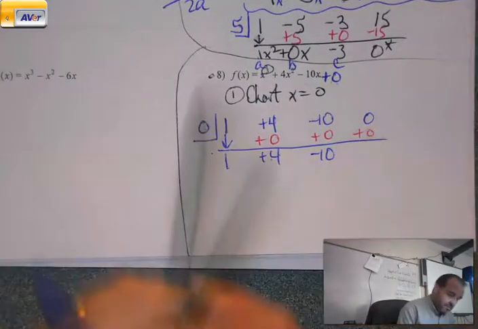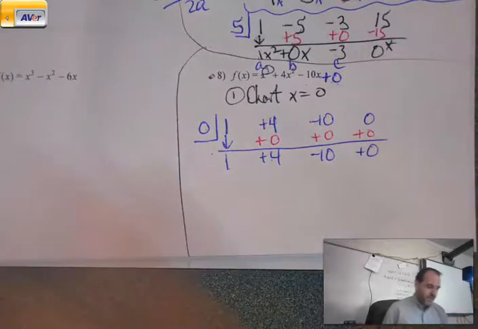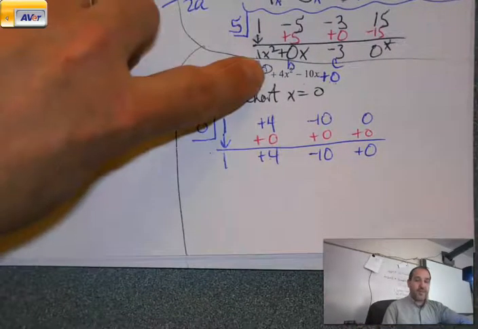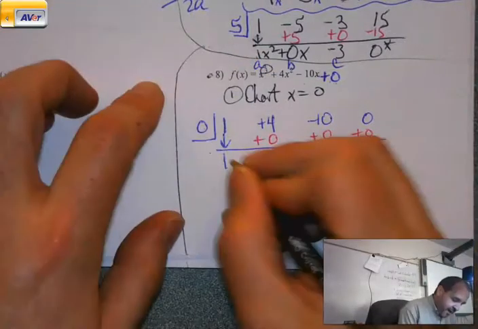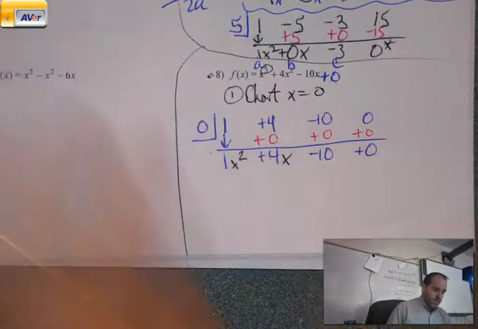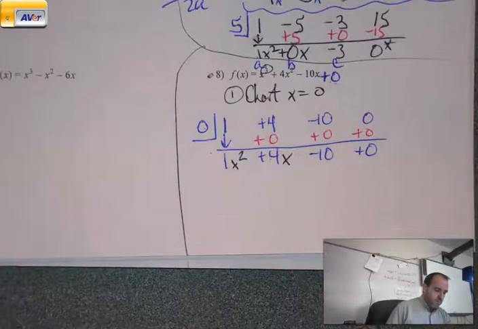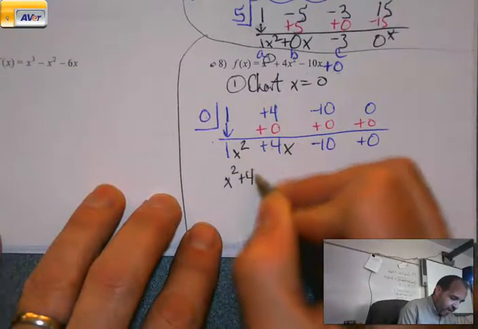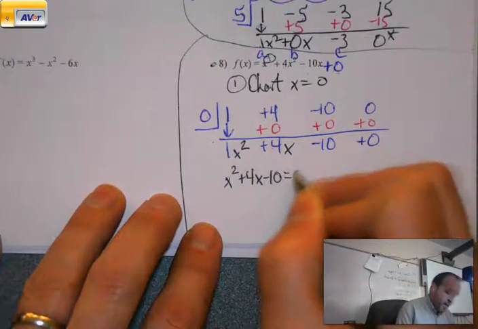You didn't. You're like, okay, this is weird, though. Oh, it is. I started with x to the third, x squared. So you're like, oh, well, okay. Well, now it's at x squared. So x squared plus 4x minus 10 equals 0.